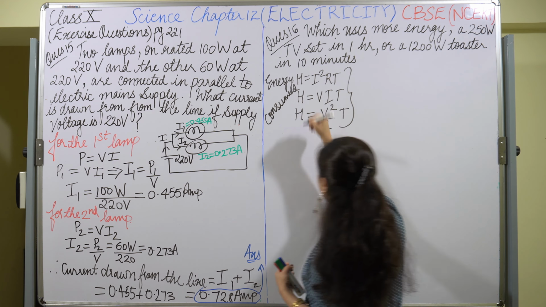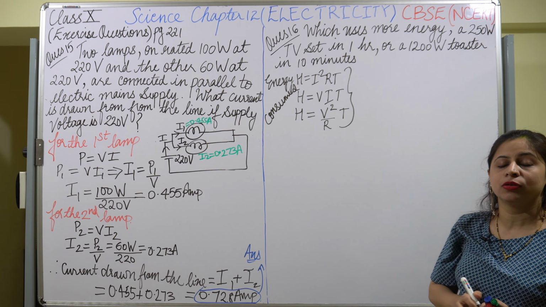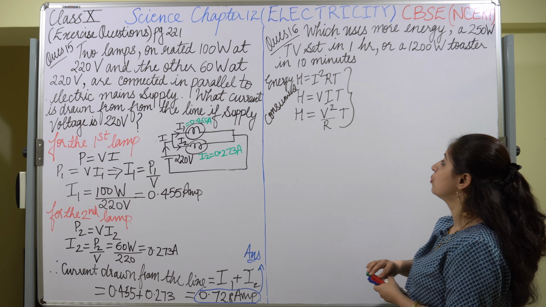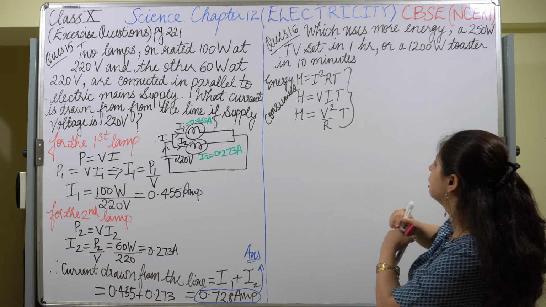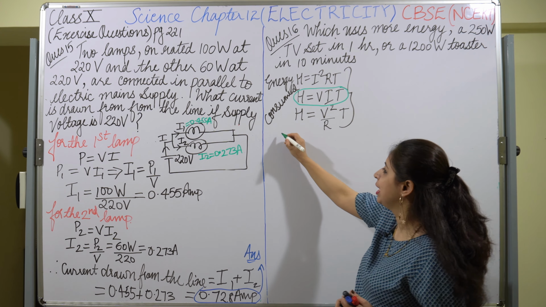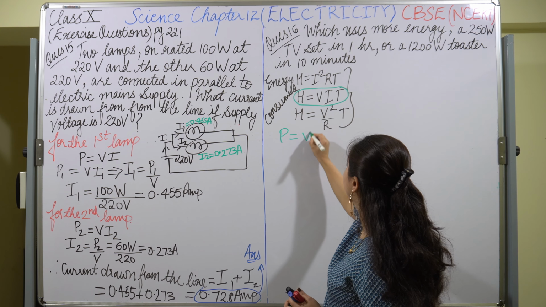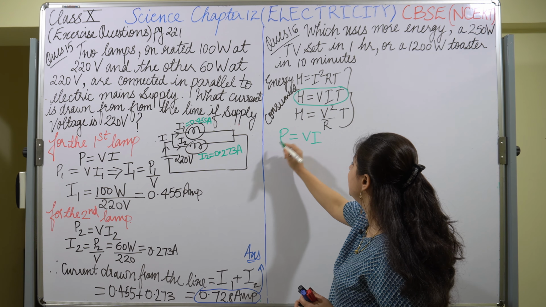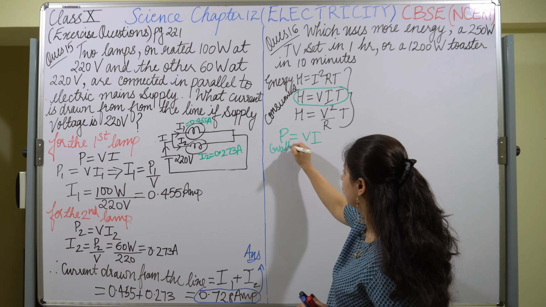Okay, so from here we will be finding the value of H. The formula we will be using is H is equal to VIT. Actually, P is equal to VI, and P is given in watts.